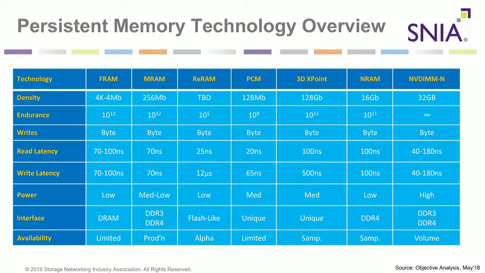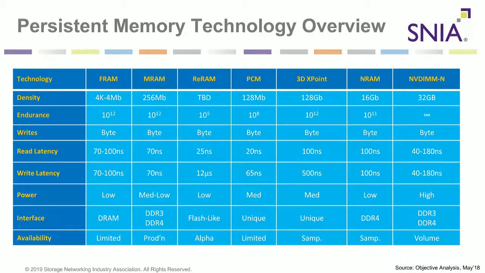So everything that you see here in the column up until NVDIMM-N are the memory technologies and the media by itself. But the NVDIMM-N is basically a product wherein it combines both the SSD, flash as available today, and a DRAM, both being on the same module itself.